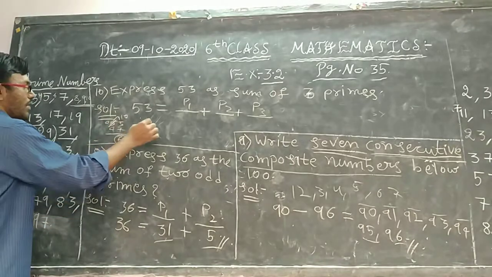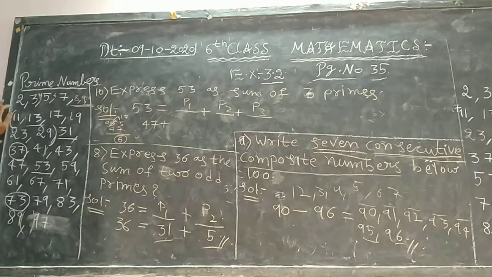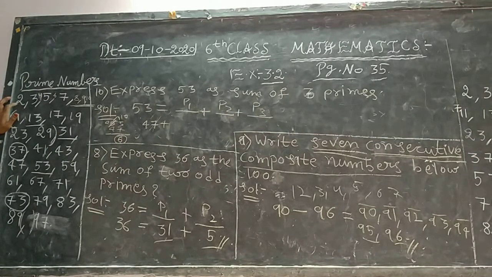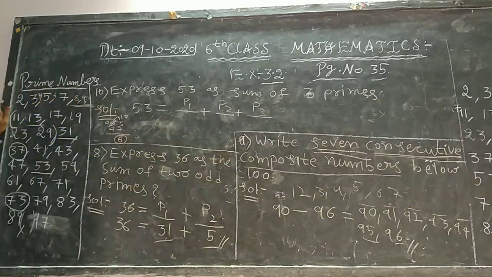Suppose you take 47 plus 6, how will you write it? 6 you can't write as the sum of any 2 prime numbers. That's why you are not supposed to take 47.